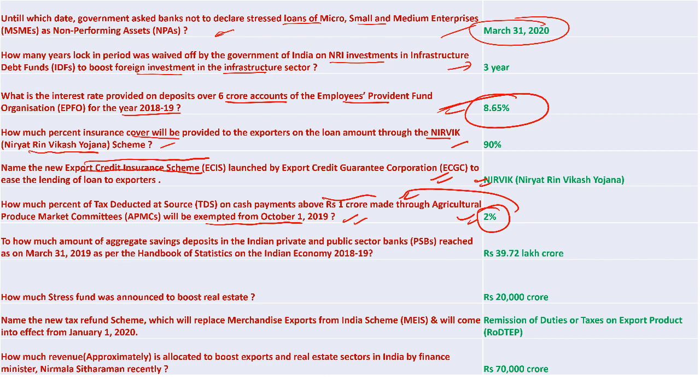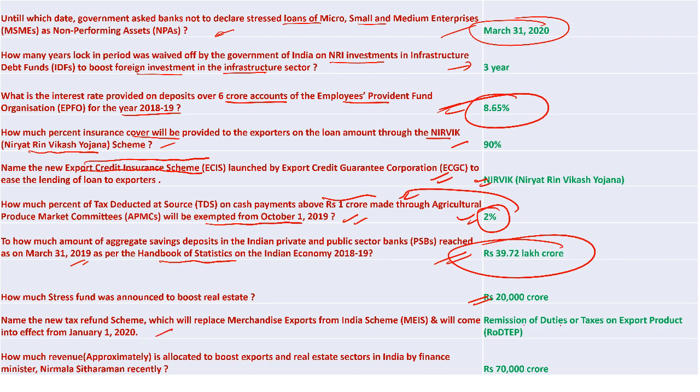To how much amount did aggregate saving deposits in Indian private and public sector banks reach as on March 31st, 2019, as per the Handbook of Statistics? That's 39.72 lakh crore. Interesting figure. How much trust fund is announced to boost the real estate sector? That's 20,000 crore. Name the new tax refund scheme which will replace the Merchandise Exports from India Scheme, MEIS, and will come into effect from 1st January.